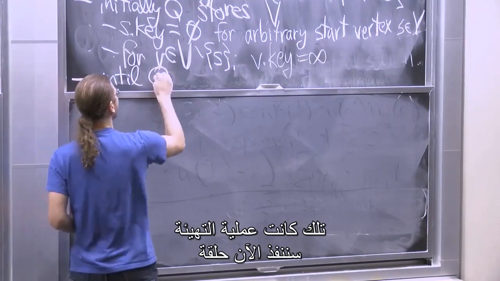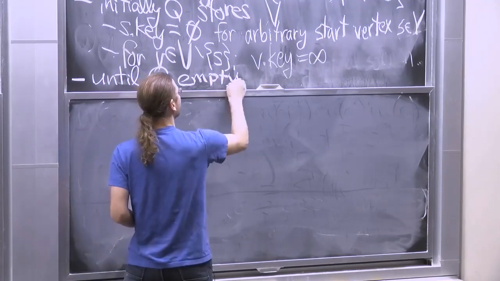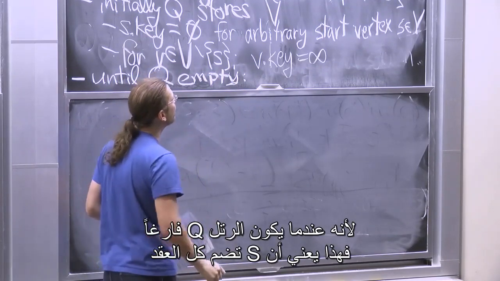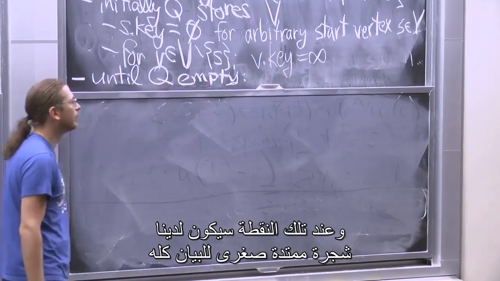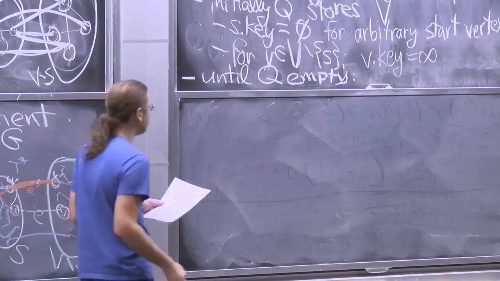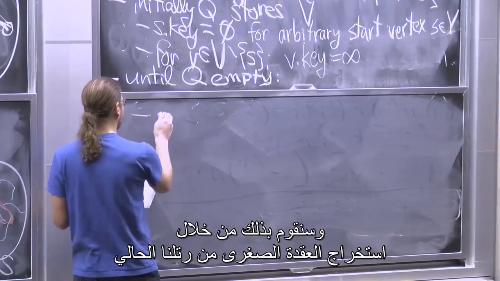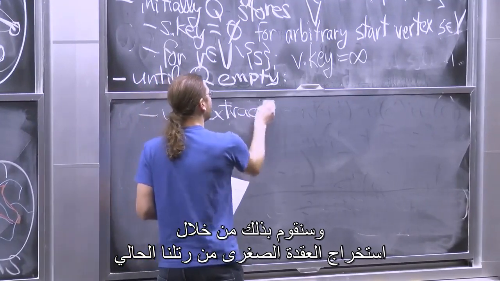Now we're going to do a loop. We're going to keep going until the queue is empty, because when the queue is empty, that means S is everybody. And at that point, we'll have a spanning tree on the whole graph, and it better be minimum. And we're going to do that by extracting the minimum from our priority queue.